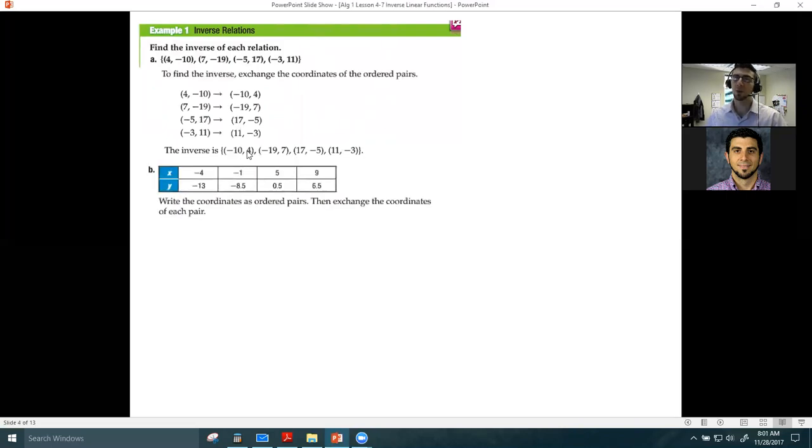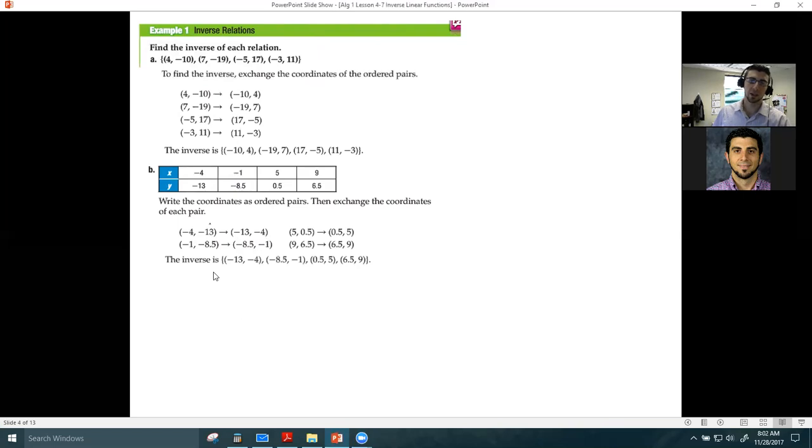Now here we have a table. To get the inverse, you could just rewrite all the values of the table as ordered pairs and then flip-flop them. So -4, -13 would become -13, -4. -1, -8.5 would become -8.5, -1, and so forth for the last 2.